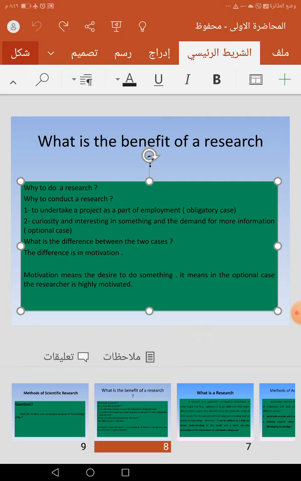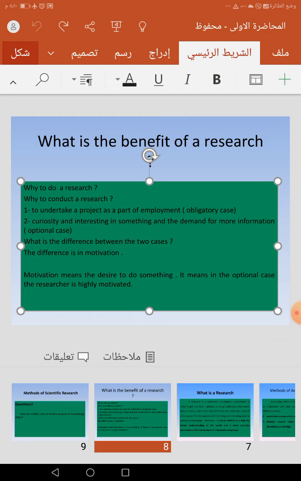I will ask you a question. If someone obliged you to do something, are you going to be motivated? On the other hand, if you want to do something from yourself, you like to do something. Here the two cases differ. At first you are obliged, you dislike this job or this research.